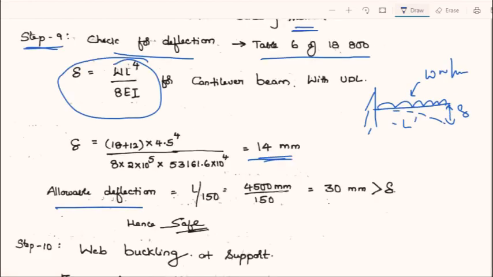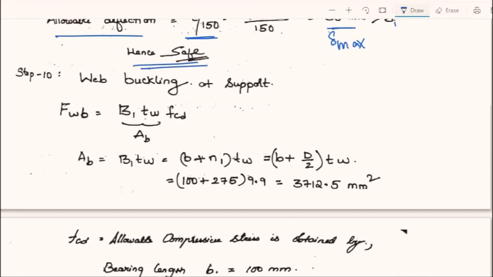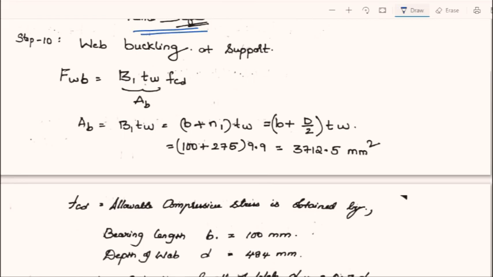So L by 150, length by 150, is 30 mm. This is delta max or permissible. So the deflection due to load is less than the permissible level. Therefore, it is safe.